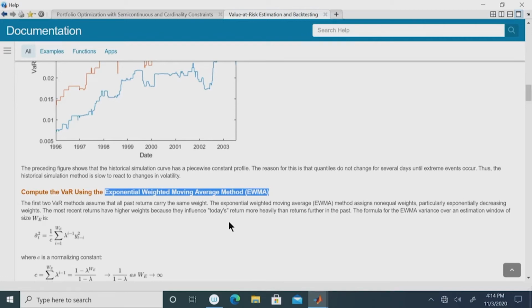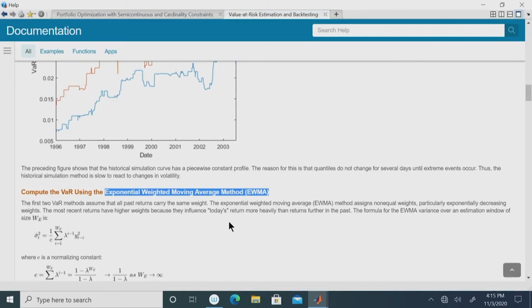Now, if you observe carefully, the previous two methods of VaR, namely the normal distribution and the historical simulation, both of them assume that whatever has happened in the past is equally likely to happen again. So, it assumes that all the past returns that are being used either to calculate the value of sigma in the first approach or to calculate the possible values of the random variable of the return over the next day, have the same weight.